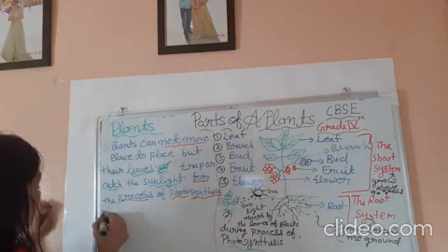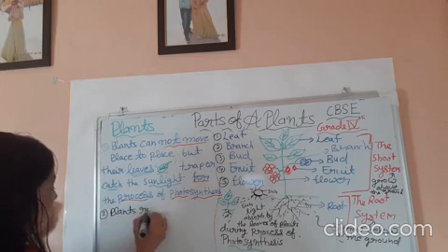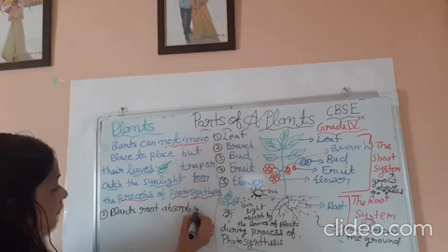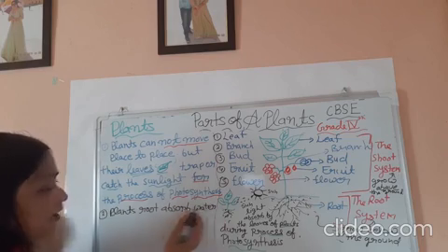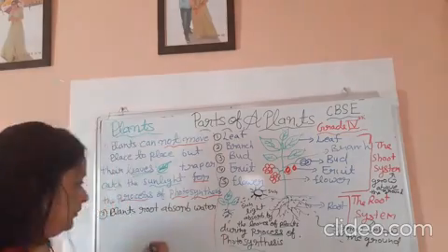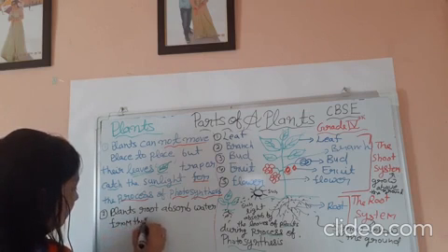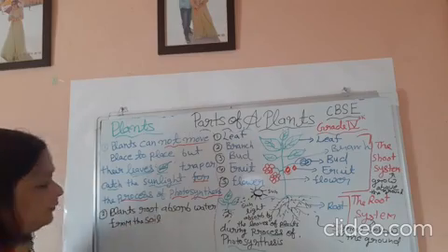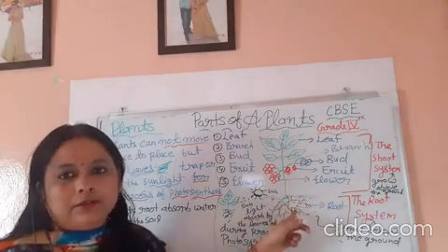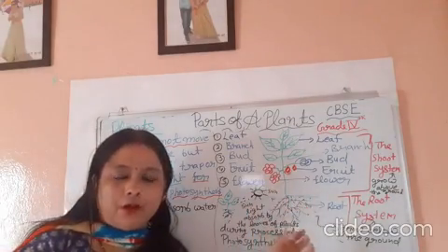The next point noted here: plant roots absorb water from the soil. Let's go to this diagram and see. This is a root. This is the soil, and the root absorbs the water from the soil.